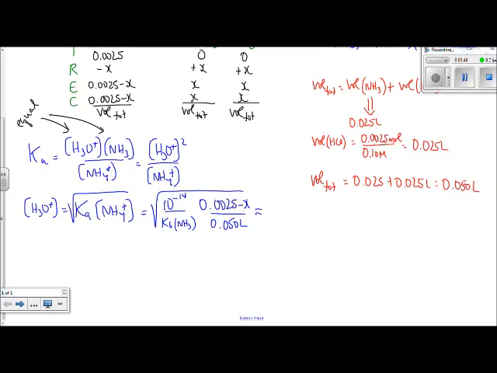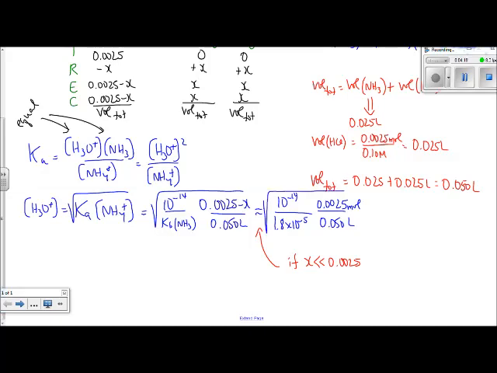The equilibrium moles still has the value X in it. We can simplify that by writing the moles of ammonium ion are equal to 0.0025. We do this under the assumption that the value of X is much smaller than 0.0025, so that 0.0025 minus X is approximately equal to 0.0025.